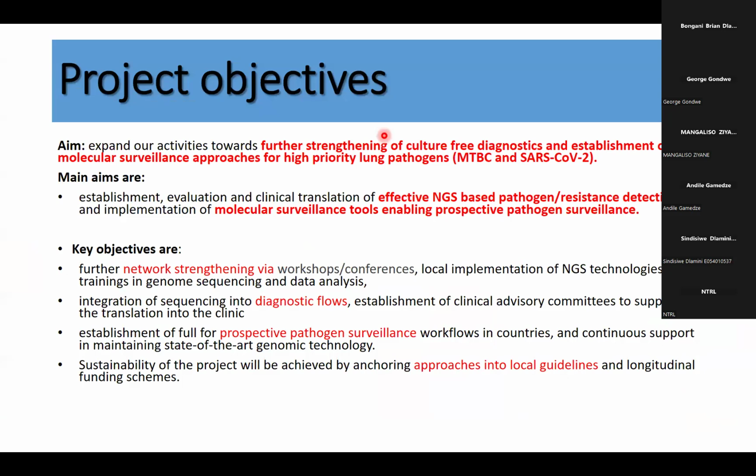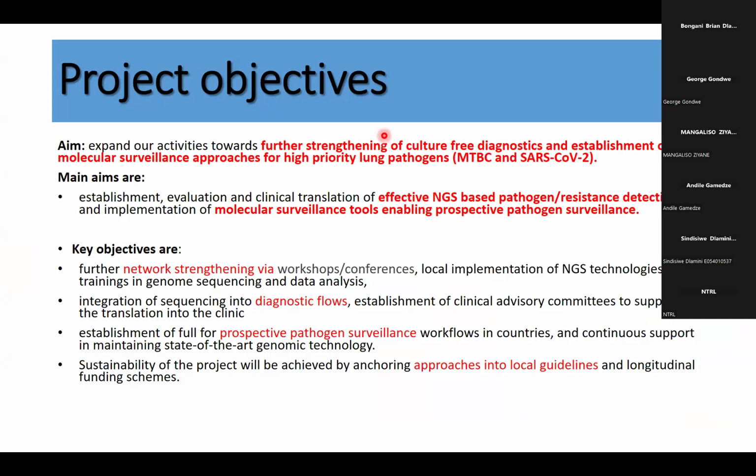So we are looking at MTBC and also SARS-CoV-2. One of our main aims is to establish, evaluate, and do some clinical translation of the NGS data for the detection of resistance to antibacterial drugs.